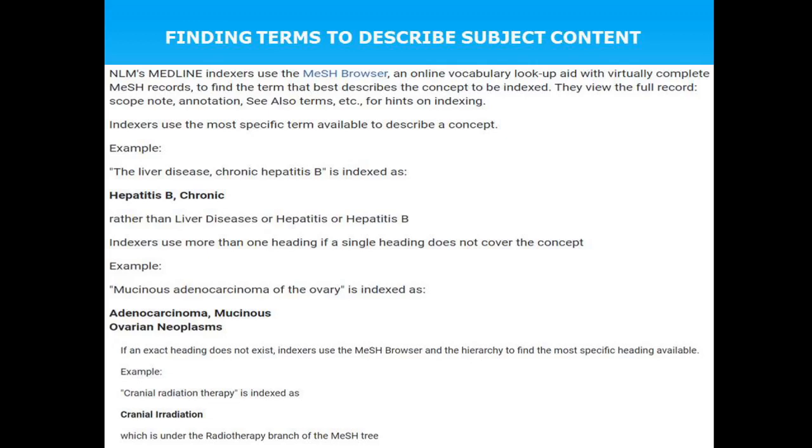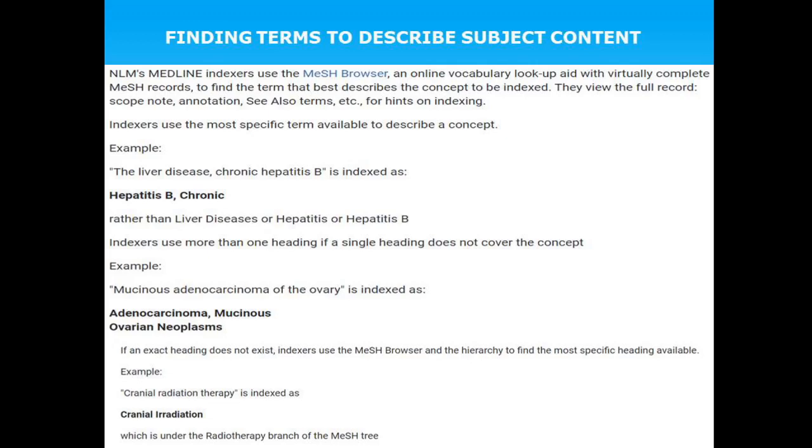That falls under the category of coordination. For example, see the example below: mucinous adenocarcinoma of the ovary is indexed with an added heading along with ovarian neoplasms. That means they have added two important headings which the indexer feels equally represent the content of the document.